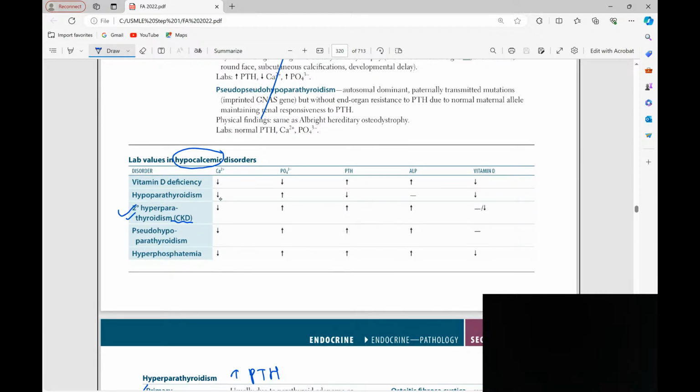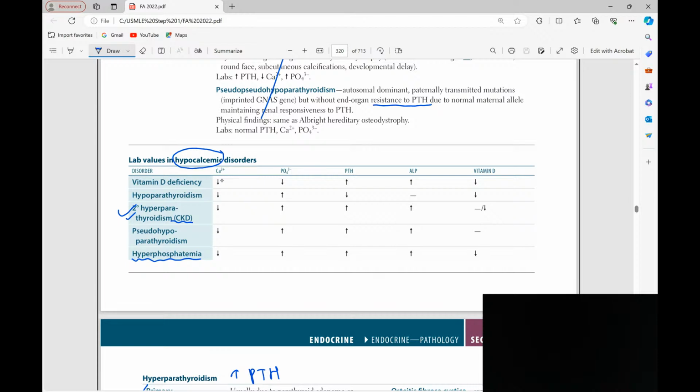And pseudohypoparathyroidism is a condition in which there is resistance to parathormone. It's not that parathormone is less, but the bones and the kidney are resistant to parathormone. This is pseudo. Also, it can be due to hyperphosphatemia. As we have seen, there is a regulatory mechanism of higher phosphate on calcitonin and parathormone.